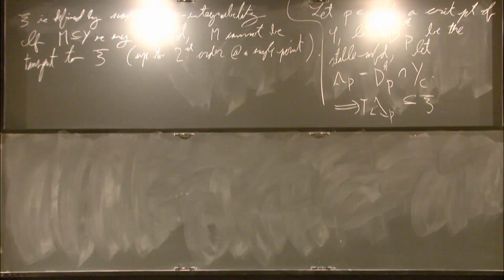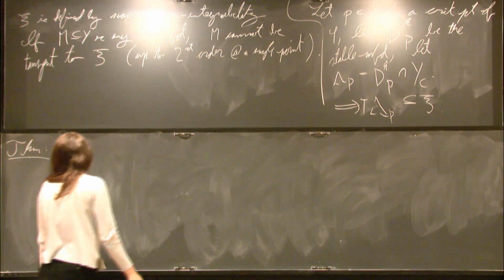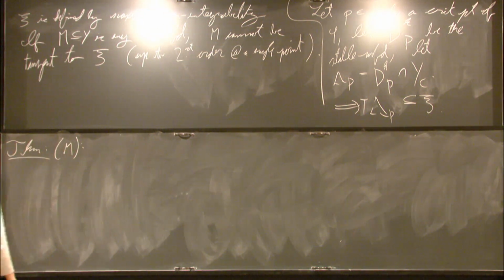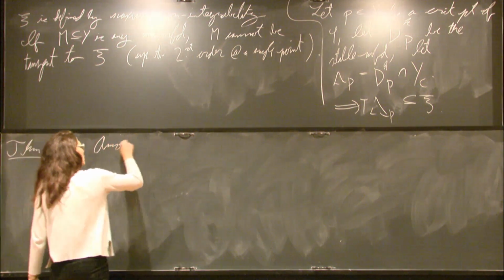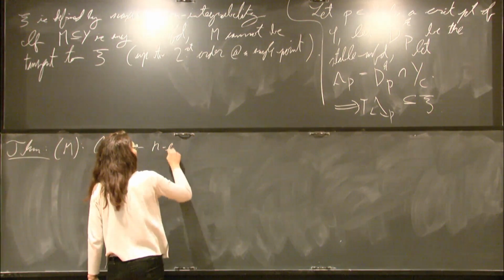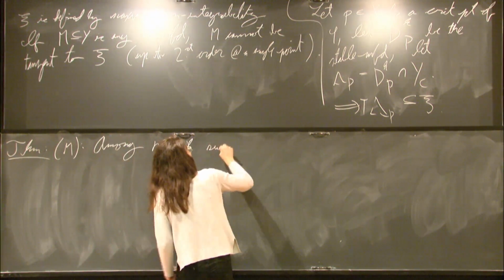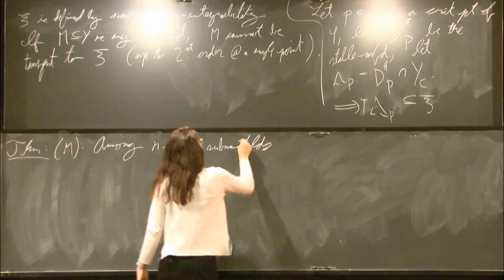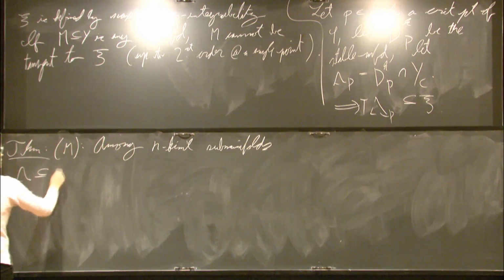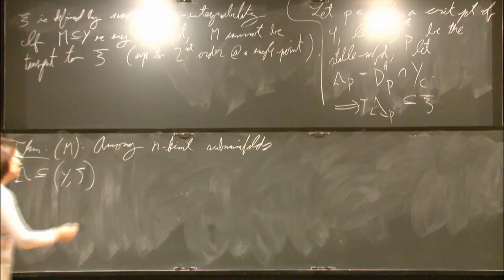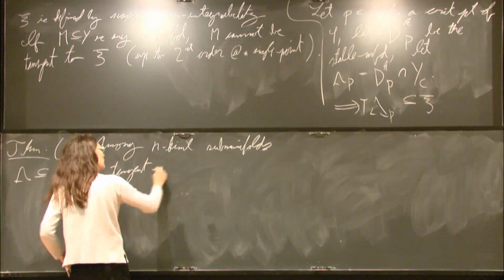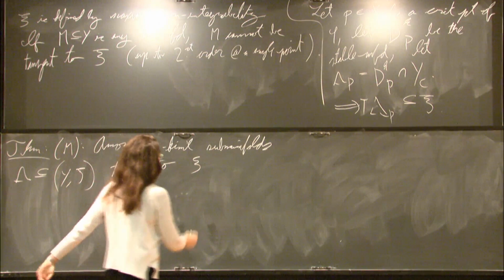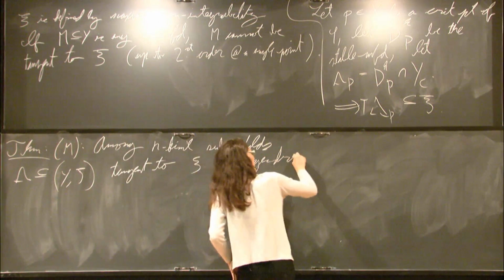Maybe the start of the story is a theorem that's a little hard to state without going into too many definitions, but let's just say among n-dimensional submanifolds of contact manifolds, which are tangent to xi, these are what are called Legendrian submanifolds.